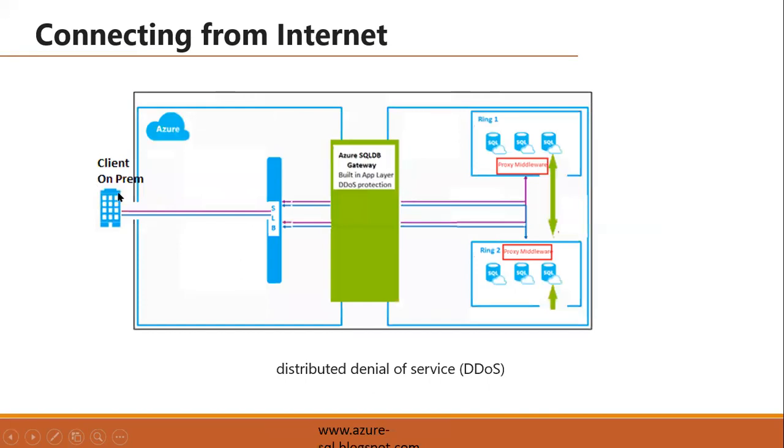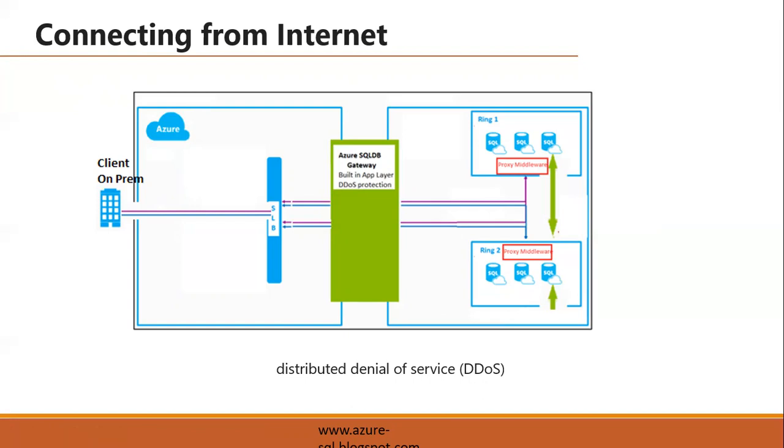Check your client on premises. We are opening SSMS or connecting through an application. Whenever we submit a request to connect, SLB, a software load balancer, submits the request to the Azure SQL DB gateway. This gateway submits the request to a proxy middleware.